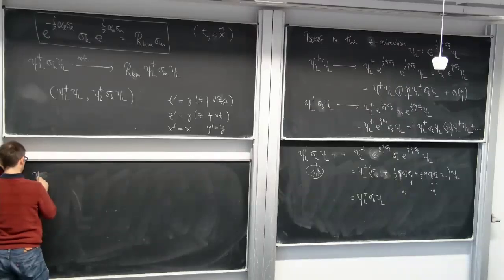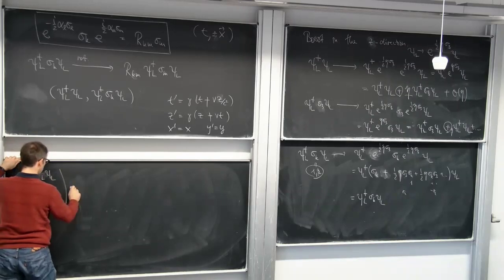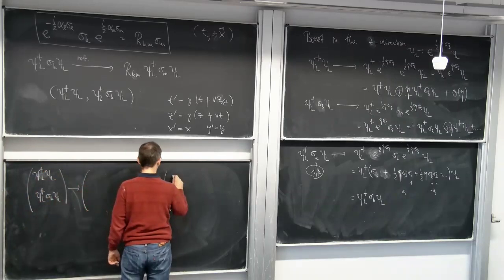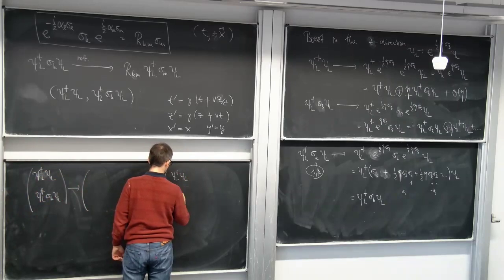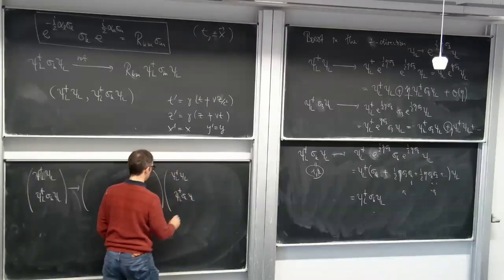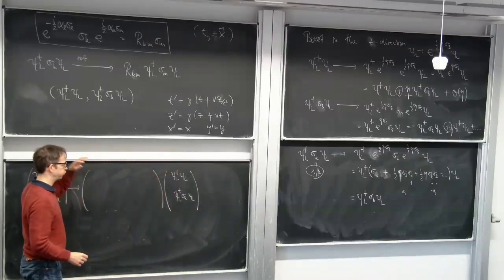So psi dagger L psi L, and then here's psi dagger L sigma k psi L. This turned into psi dagger L sigma k psi L. Can we get this?